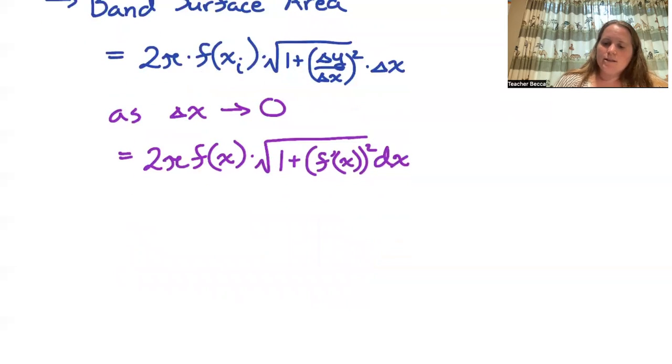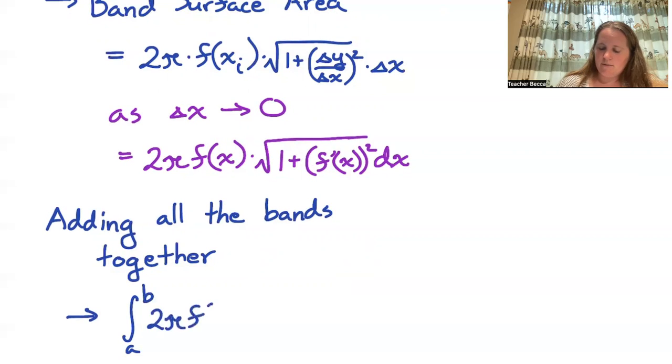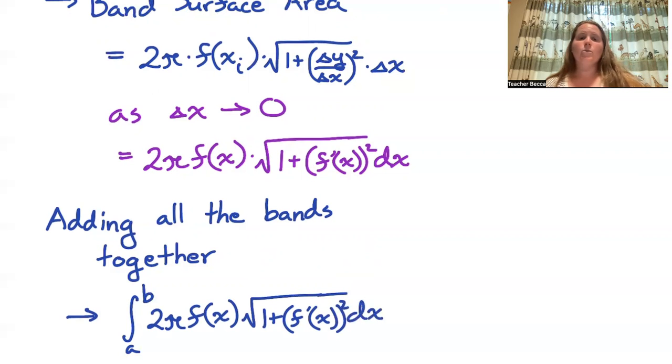So adding all the bands together, we get the integral from a to b of 2 pi times f of x times the square root of 1 plus f prime of x squared dx.